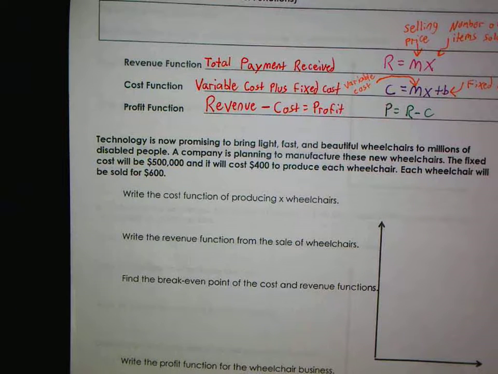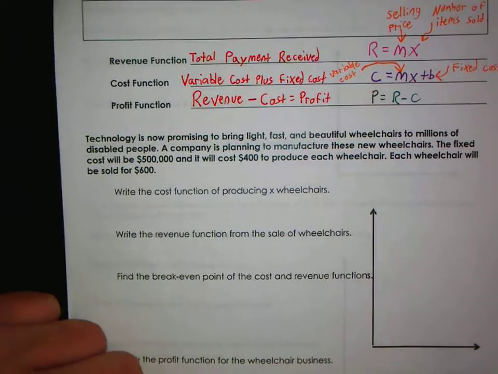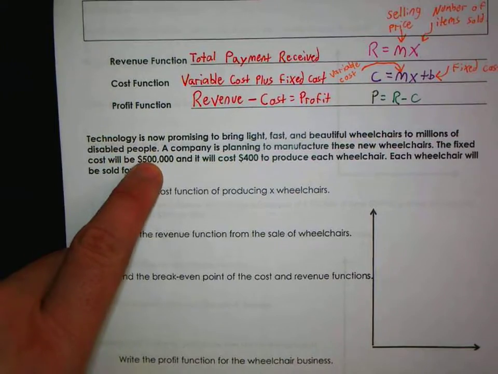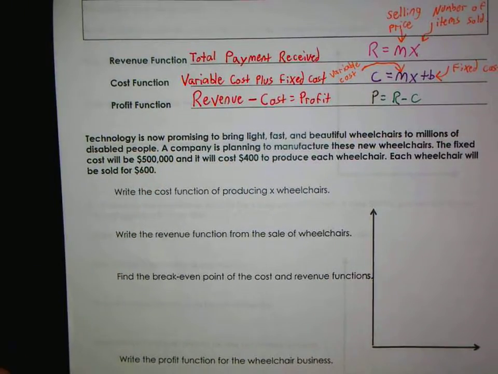The fixed cost will be $500,000, and it will cost $400 to produce each wheelchair, and then they'll sell them for $600. So it only costs $400 to make them, but they're going to turn around and sell them for $600. And the big deal is this startup cost for your company.